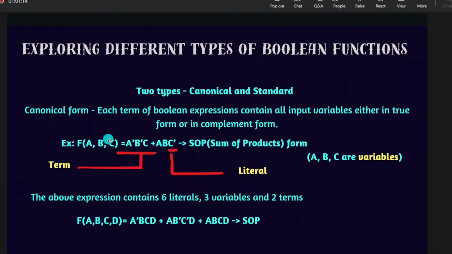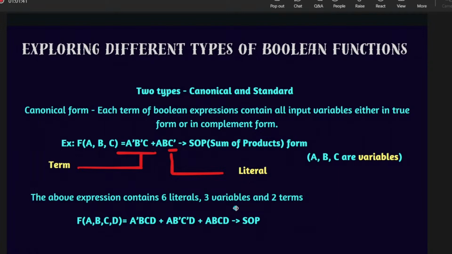It has three variables because the function is constituted by three variables, that is a, b, and c, and it has two terms. Now I have another example here, that is f of a, b, c, d, and this is the expression. So this is also said to be in canonical form, right? How many literals, how many variables, and how many terms are there in this function?